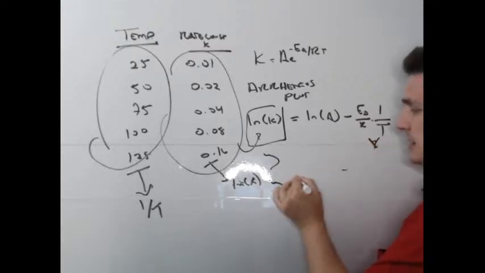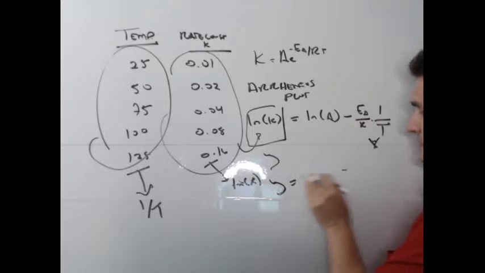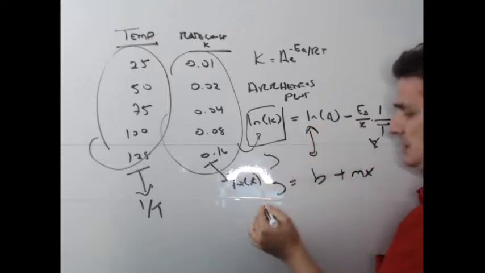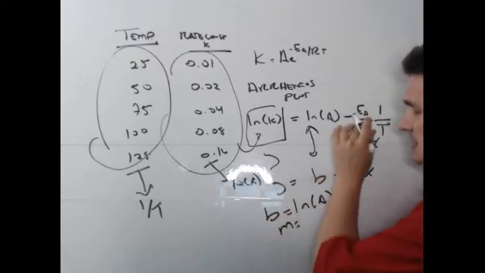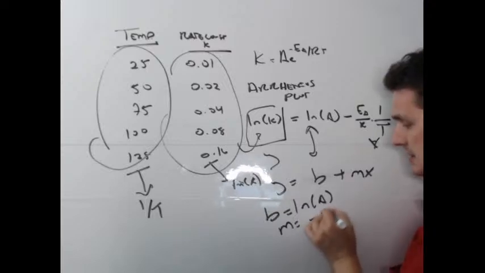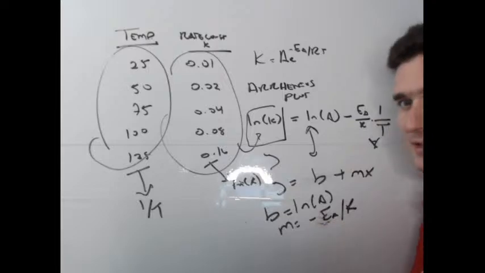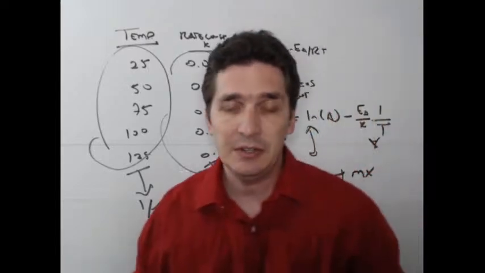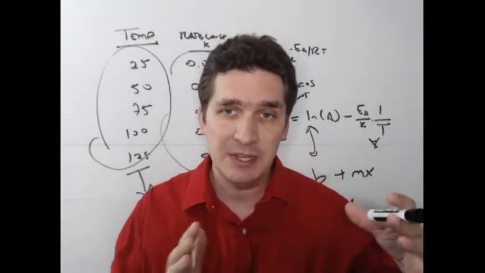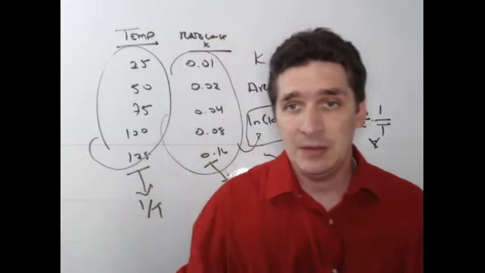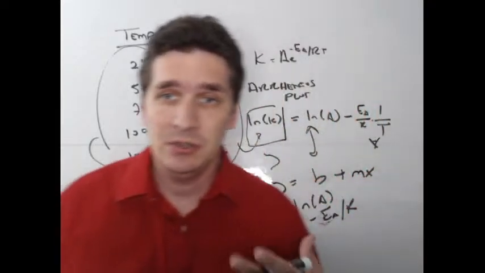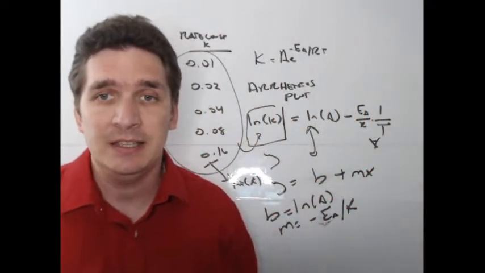If we look at it as y equals mx plus b, b here is our natural log of the pre-exponential, and our slope m is minus EA over the ideal gas constant R. So not only does theory predict a straight line, it tells us how we can take the slope and y-intercept that we measure graphically and convert those to the pre-exponential factor and the EA.